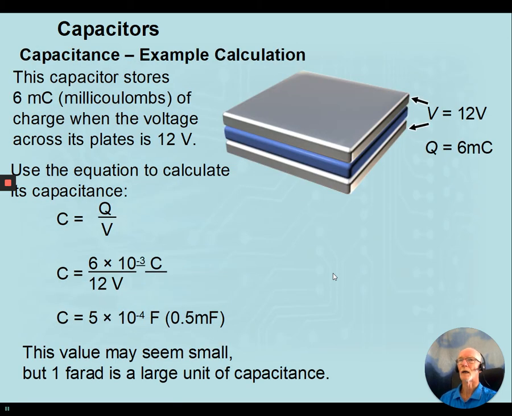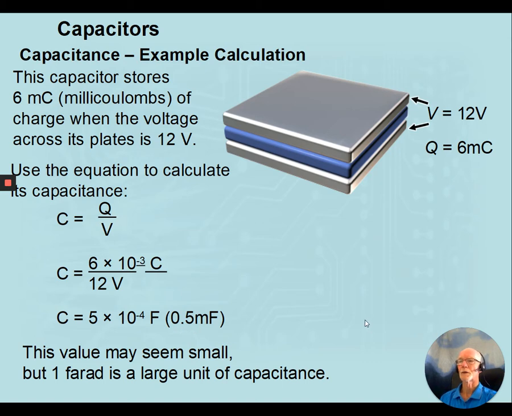For example, if we have 12 volts across a set of capacitor plates, and that enables us to store 6 millicoulombs of charge, then our capacitance is 6 millicoulombs divided by 12, or 5 times 10 to the minus 4 farads, in other words 0.5 millifarads.